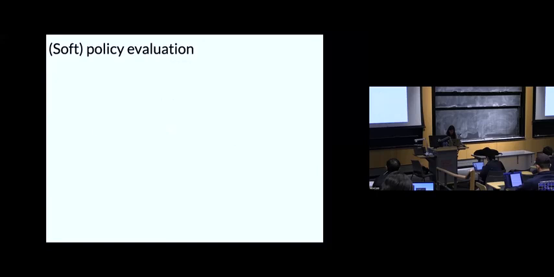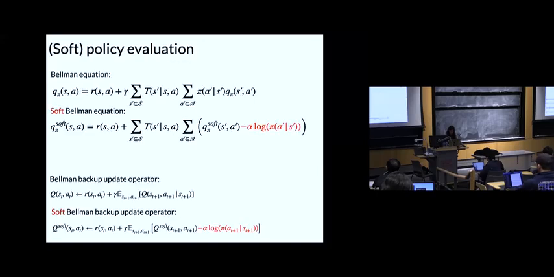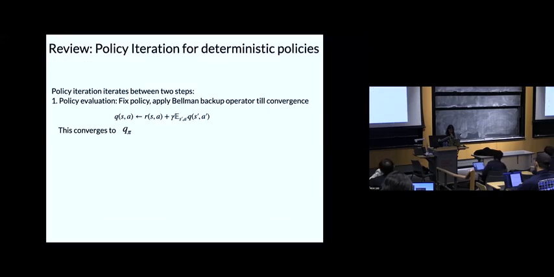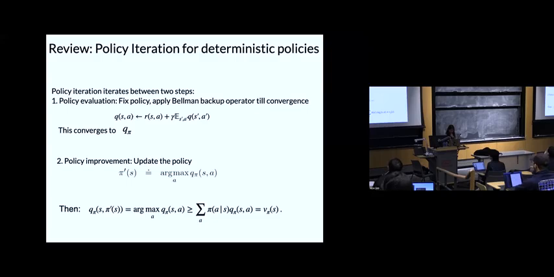Okay, all right. So this is good. Now we know how to do policy evaluation, and now we need to go all the way to policy iteration. Let me remind you how policy iteration worked for deterministic policies in tabular methods. First, we did policy evaluation. We compute the Q, and we said this converges to Q pi. And then we did policy improvement via greedification, if you remember.